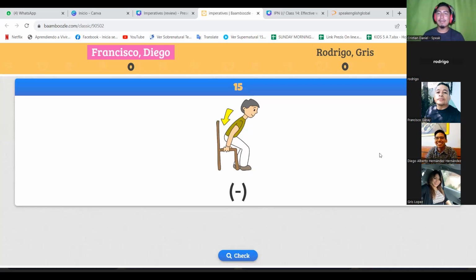Which is this imperative sentence? In negative. Oh, it says it is in negative. Okay. Do not sit in the iron chair. Okay. Do not sit in the iron chair.